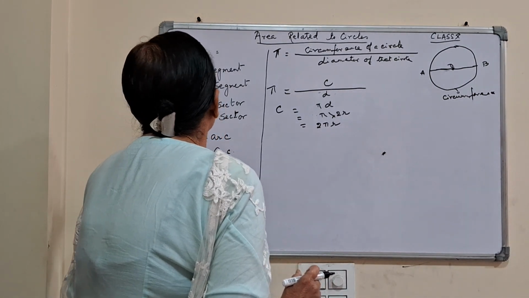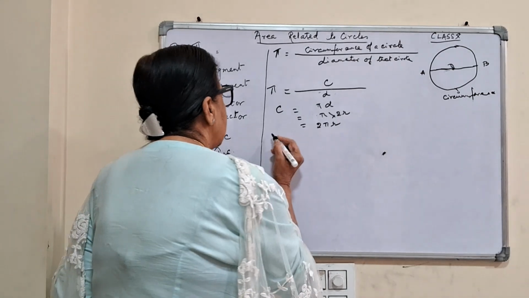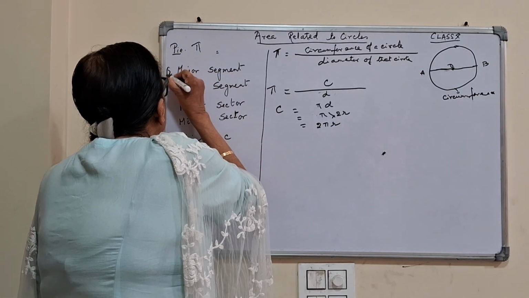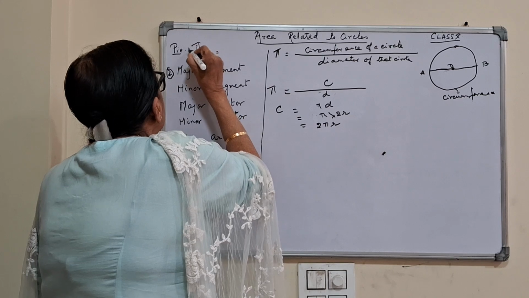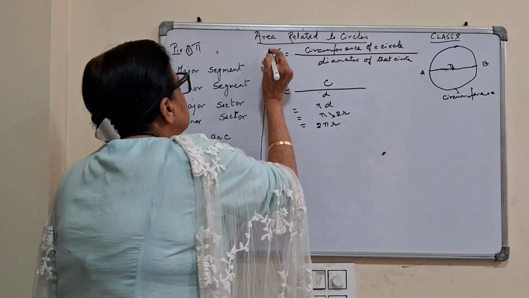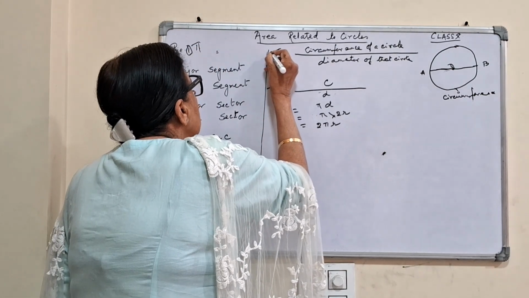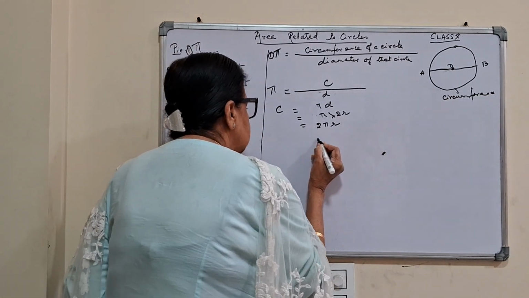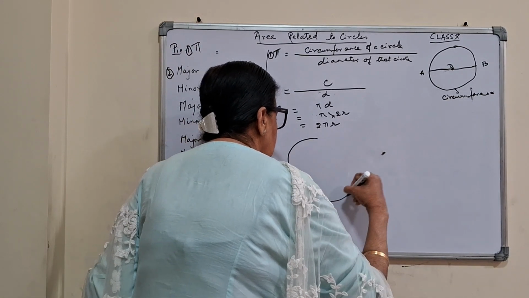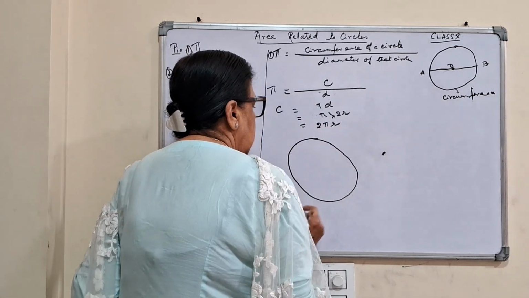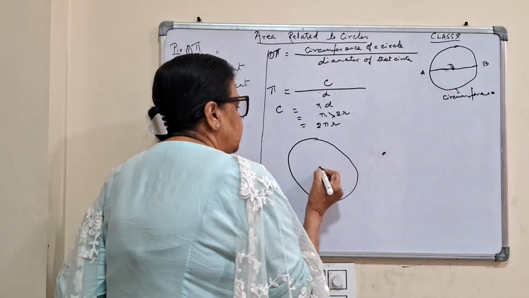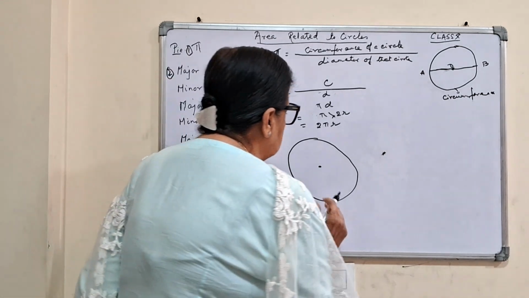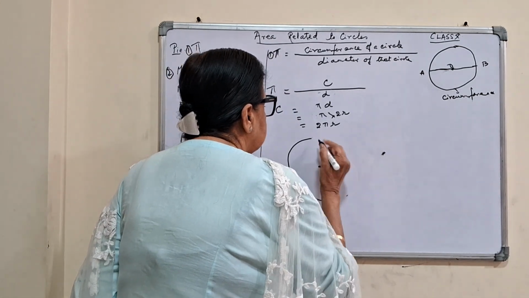Then this is called the major segment. Major segment, that is 2. This is 1, 1 is pi. Major segment is like this: if a circle is drawn with a center O, and one chord is drawn.